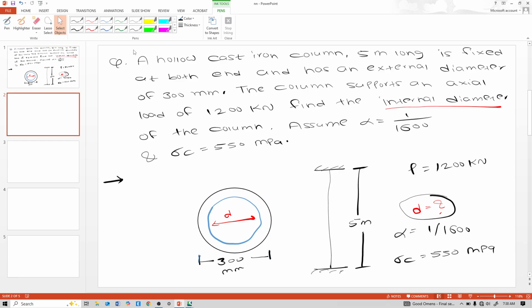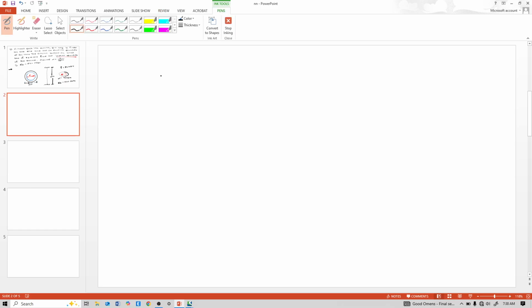For that, we know this formula: PR is equal to sigma C A upon 1 plus alpha into Le by k square. Sigma C is a given quantity. A we will find with the help of that formula.